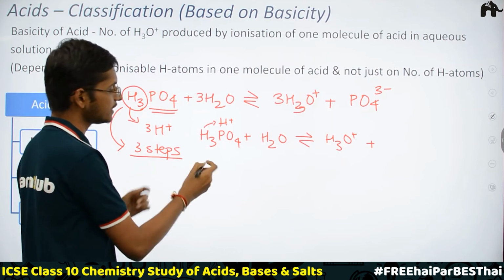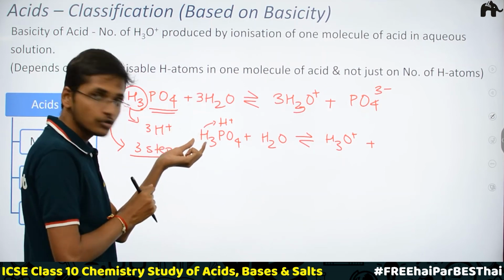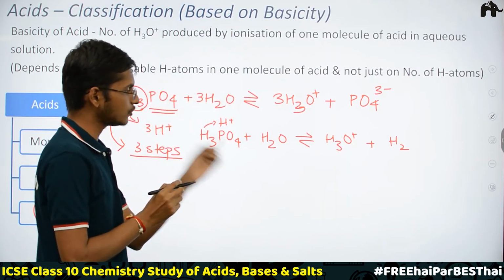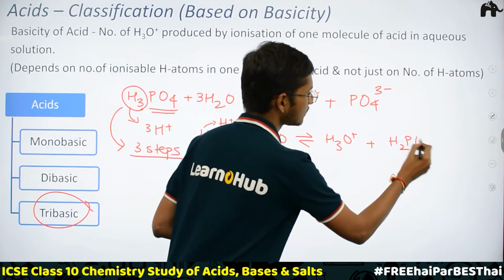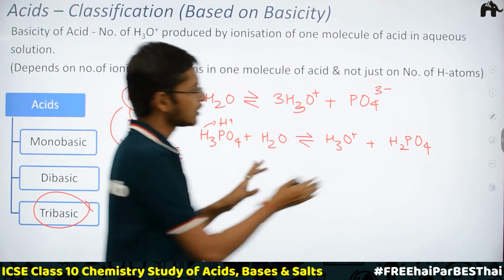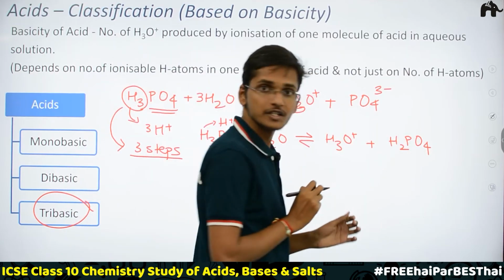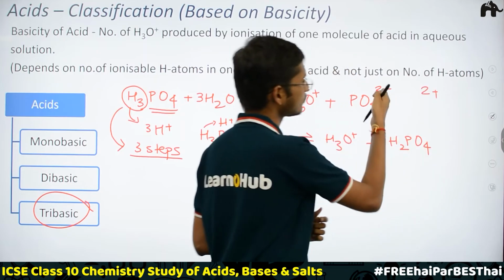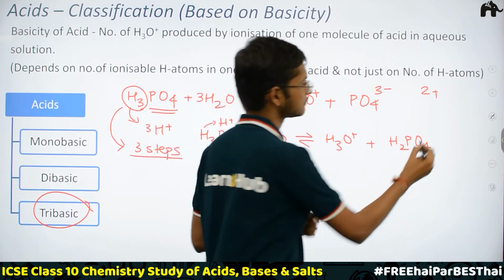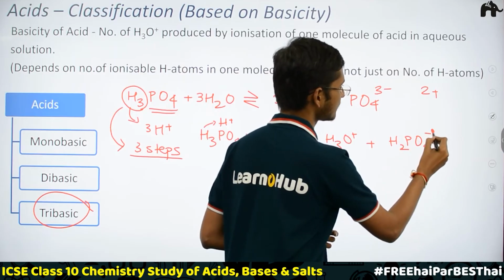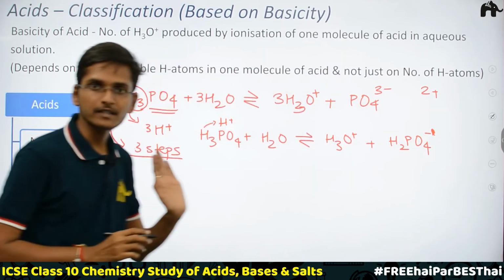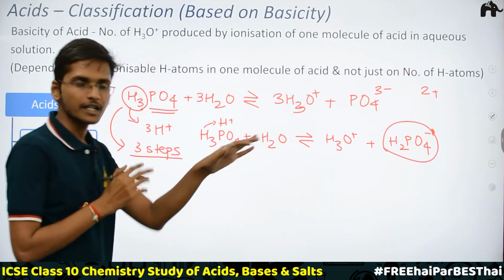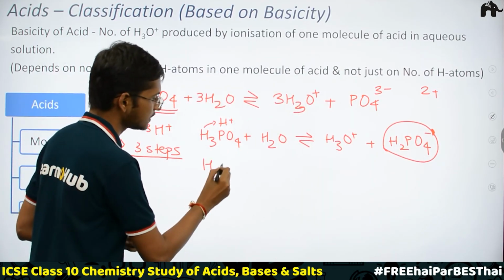Now what's remaining? H2 and PO4 as it is. Now our trick: PO4 has 3 minus charge. There are 2 hydrogen atoms, so 2 plus charge is also there. So minus 3 plus 2 is minus 1. So you can just write minus here. So H2PO4 has minus.